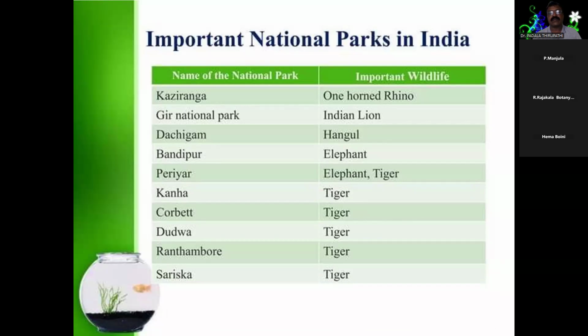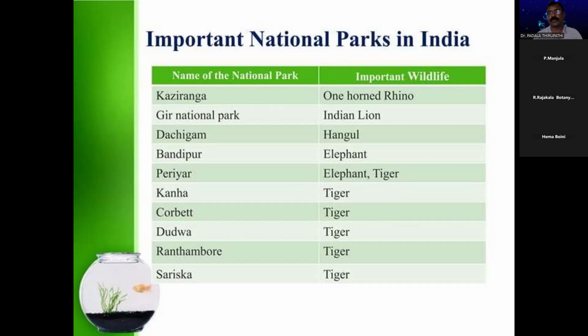It is the most important for conserving the rhinoceros. Gir National Park is in Gujarat. Dachigam is in a northeast state. Bandipur, Karnataka. Periyar, Kerala. Kanha, Madhya Pradesh.